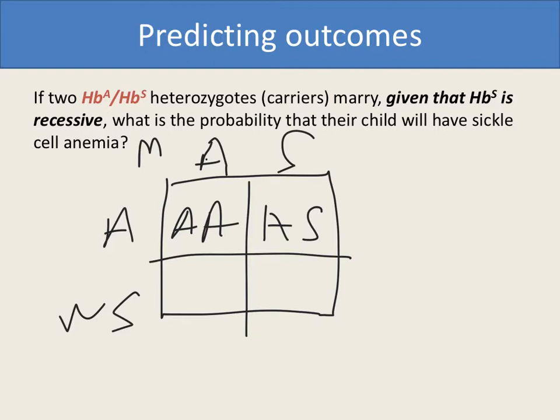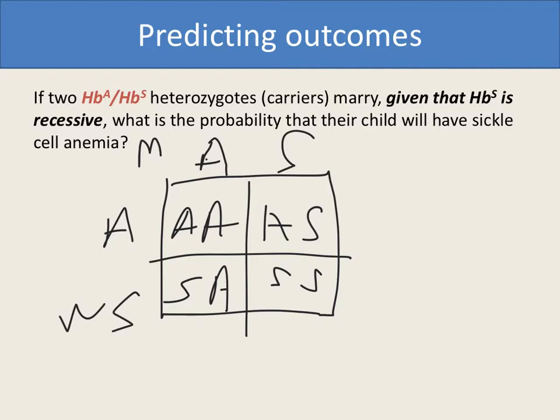And here you also have an SA. Those are heterozygotes. And then you have SS. So the probability is 25%. If you have 2 heterozygotes as parents, there's a 25% chance that an offspring will have sickle cell anemia.